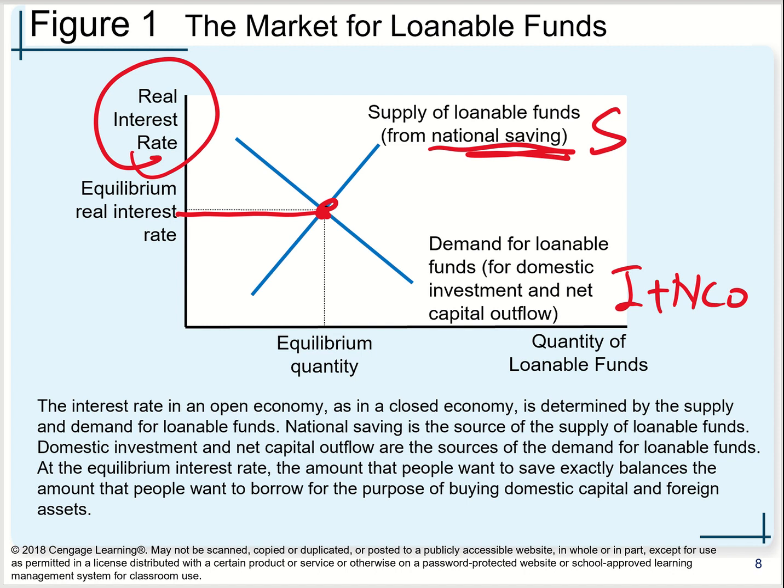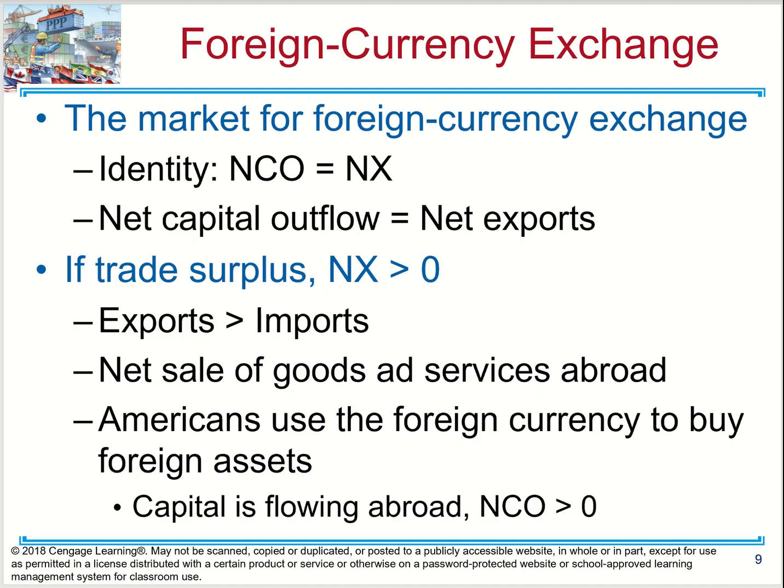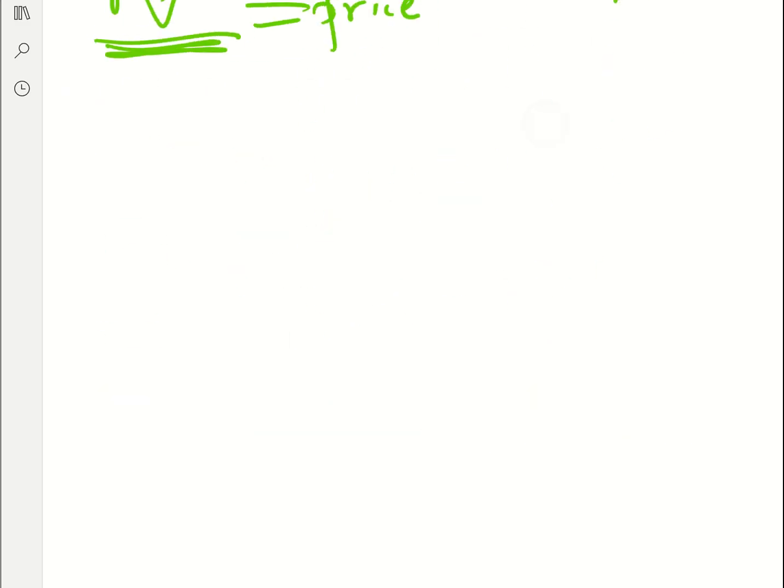The second model we're going to look at is our foreign currency exchange. So this is the market for foreign currencies. Now, for this market, the foundation, the equation that sets up everything, is this equation over here: NCO equals net export. So remember your equation for net export.